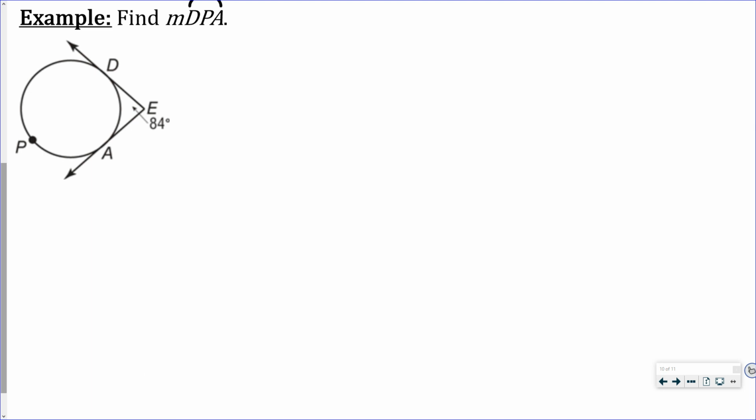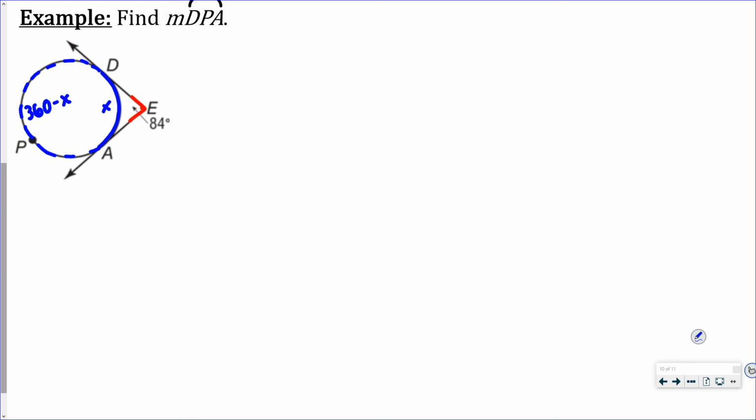Okay, so the right answer was 264 degrees. Here's how. So we know it's intersecting outside the circle, right? And we know this one's 84 degrees. So what these ladies did, got 2 tangent lines, they called this little arc X. Meaning this arc would be what? 360 minus whatever X is, right?